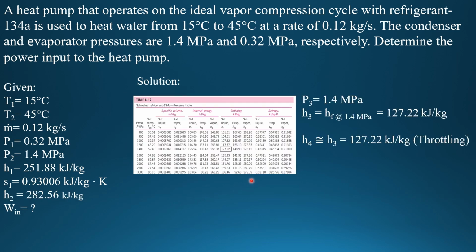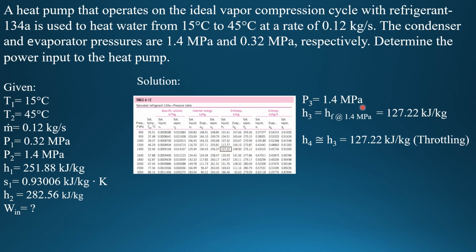Next, at state 3, we have the pressure at state 3 that is also equal to the pressure at state 2, that is 1.4 megapascal. So the specific enthalpy at state 3 is also equal to the specific enthalpy of the liquid at 1.4 megapascal, that is equal to 127.22 kilojoules per kilogram. You can find it in table A-12, the saturated refrigerant 134A pressure table.